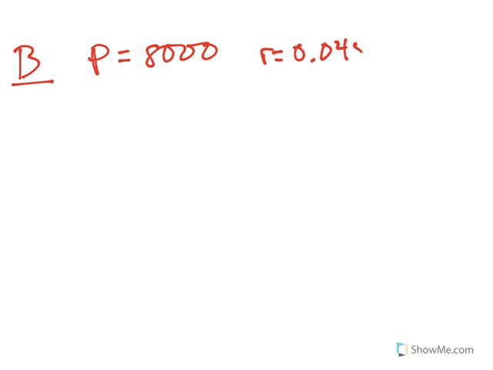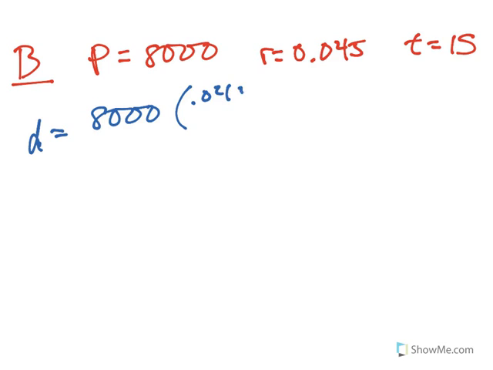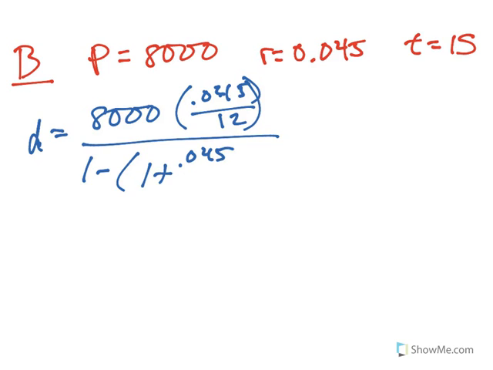Okay, so option B. We still have the same 8,000. Our rate is 4.5%, and our time is 15 years. So when I plug that in, I have 8,000 times 0.045 divided by 12, all over 1 minus 1 plus 0.045 divided by 12, raised to the negative 12 times 15 power.